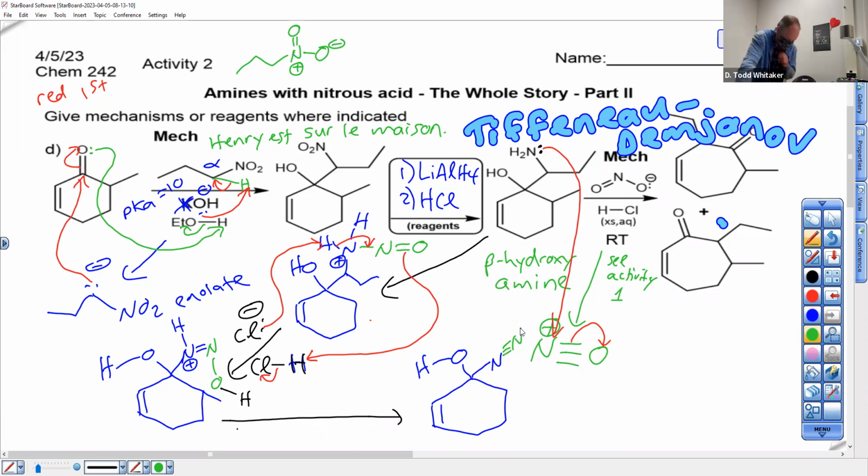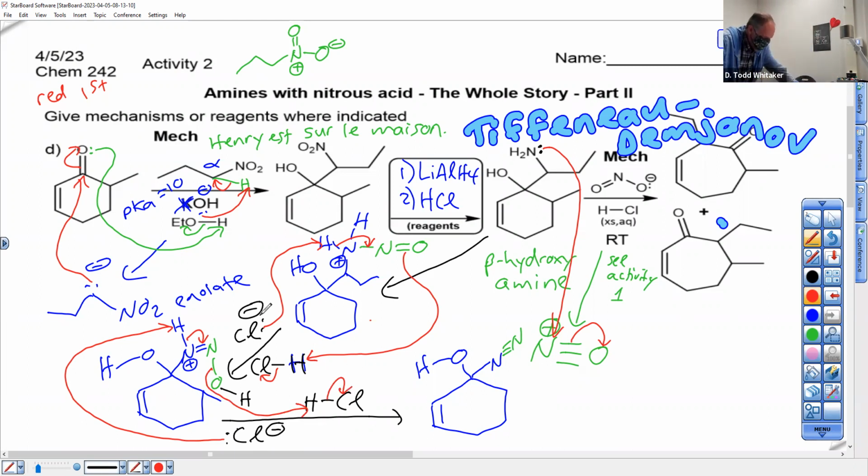I think it's gonna look a lot like what we just did. I strongly suspect you're gonna prefer this version over the one on the previous activity, because these two steps look a lot more similar now. They both use Cl- to grab an H off of nitrogen with a plus charge.